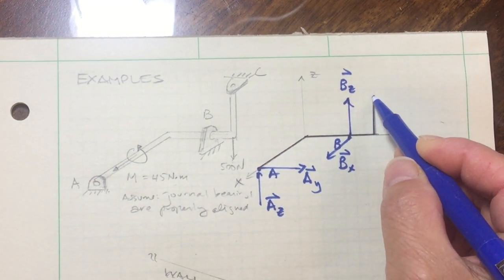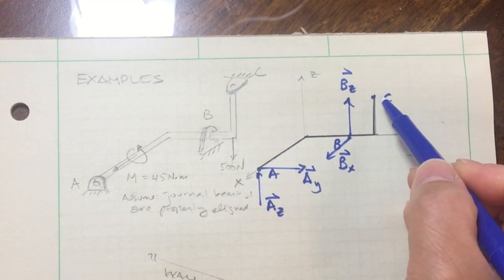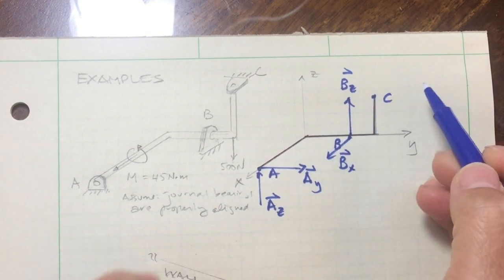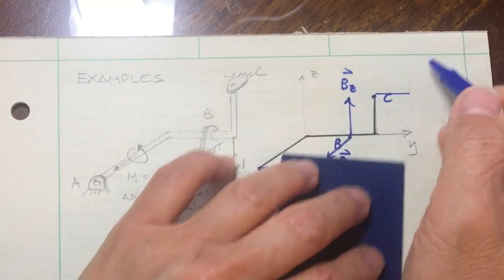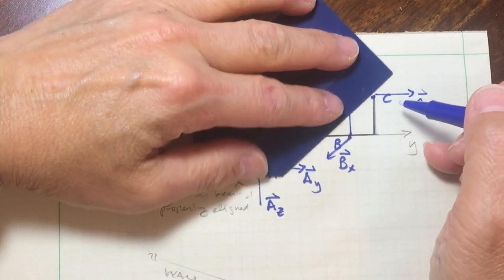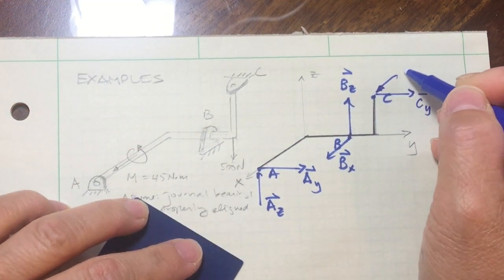At C, that journal bearing prevents translation in the y and also in the x. Therefore, we'll have reaction forces in the y and also in the x.